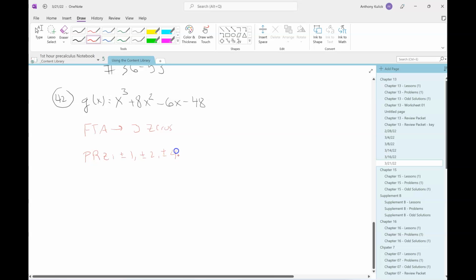Now there's a lot of factors of 48, which is kind of unfortunate. But it's got to be just those ones.